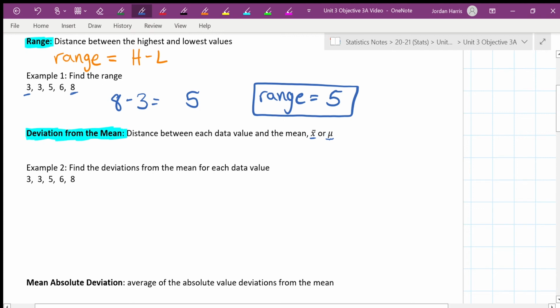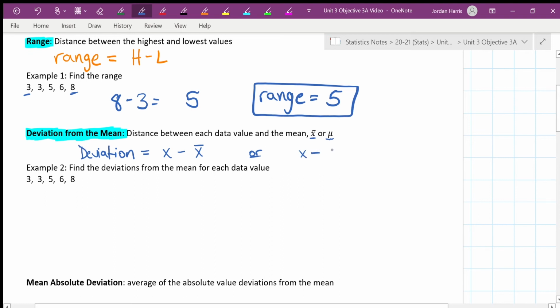This one doesn't have a fancy symbol either, but we are going to use this idea when we talk about variance and standard deviation, because it's going to take this one step further. So the deviation from the mean is the data point x minus the mean.